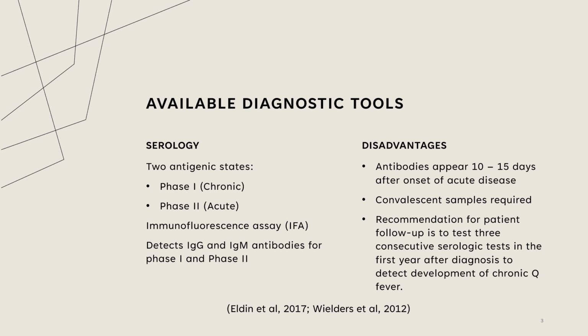The disadvantages of these diagnostic tools is that antibodies to Q fever can appear 10 to 15 days after the onset of acute disease. Convalescent samples are required to be able to make the proper diagnosis for Q fever, and the recommendation is that the patient follow up with 3 consecutive serologic tests in the first year after diagnosis to detect if the disease has progressed to chronic Q fever.